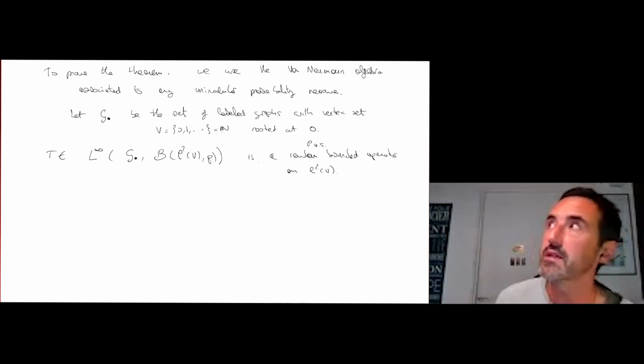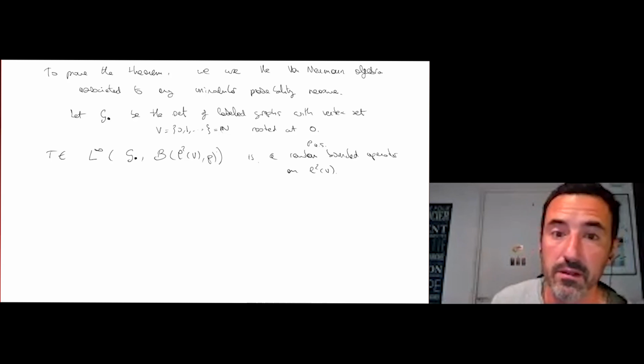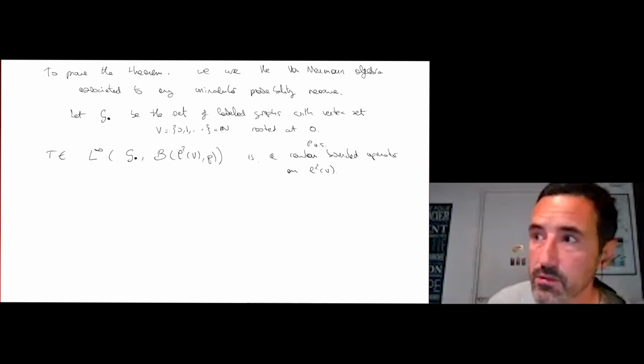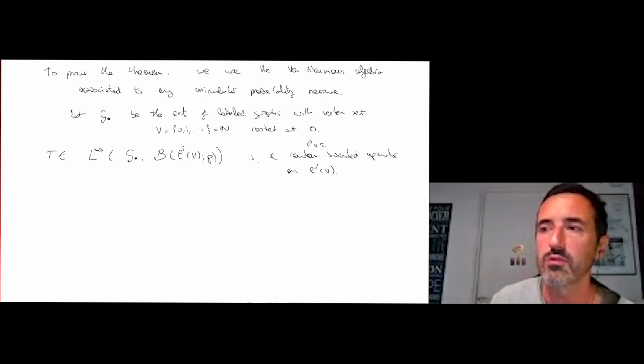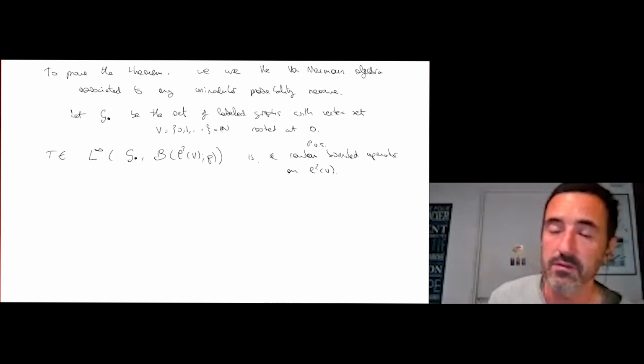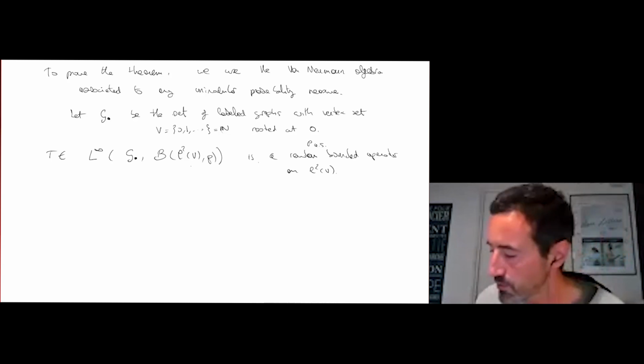And when you define the group algebra, you consider the set of bounded operators on L2 of gamma, where gamma is a group, but you consider only those which commute with multiplication on the right by group elements, and this gives you the left fundamental algebra. Here you do the same thing.